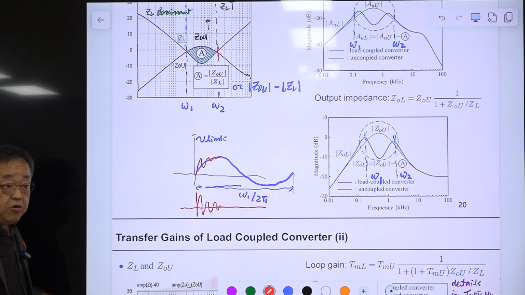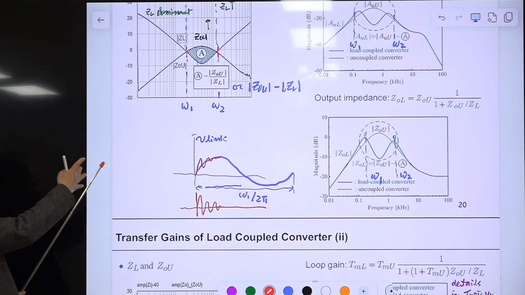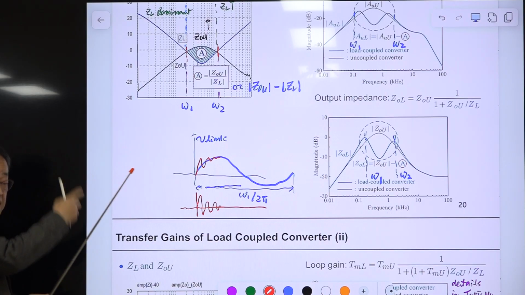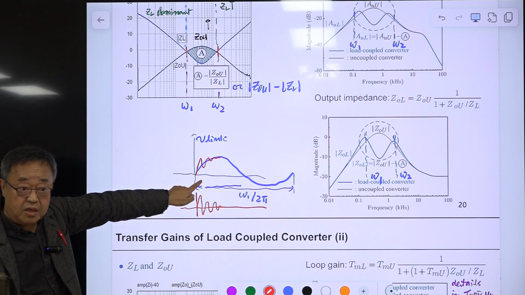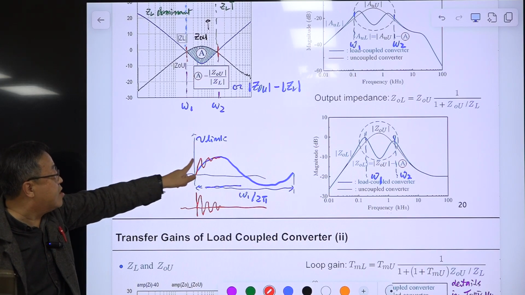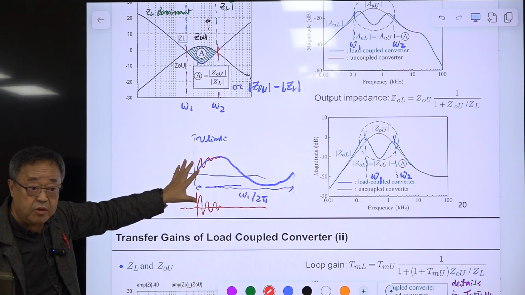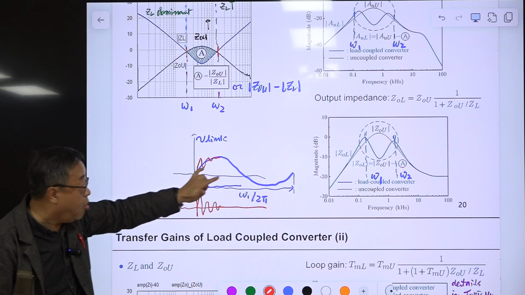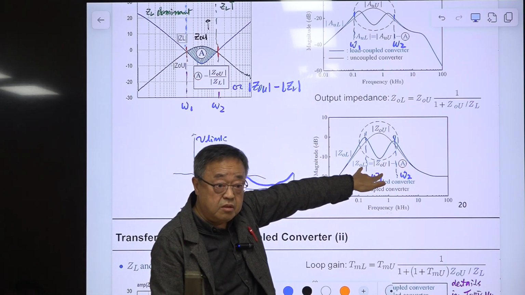Okay, so if you measure the transient, step load transient of DC link, you will observe this. Okay, without this knowledge, you will be wondered why this is coming out. This should come out. You cannot avoid this because of this shape.